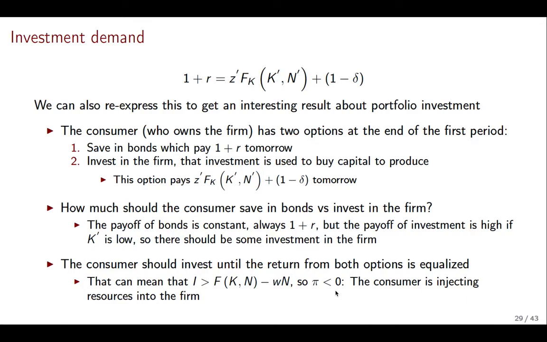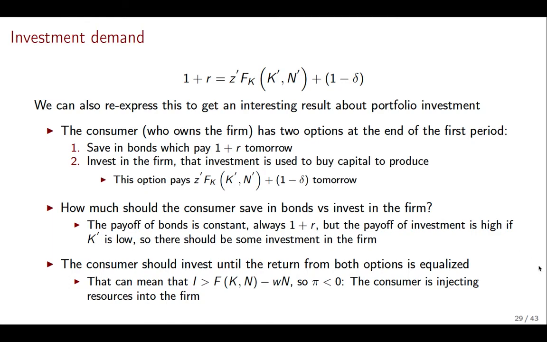What the consumer is doing is injecting resources into the firm. What might look like losses today is really the consumer saving in the firm, because saving in the firm gives a higher return than saving in bonds. So pi less than 0 doesn't mean necessarily that you're making a loss. It means that the consumer is saving in the firm rather than saving in bonds.